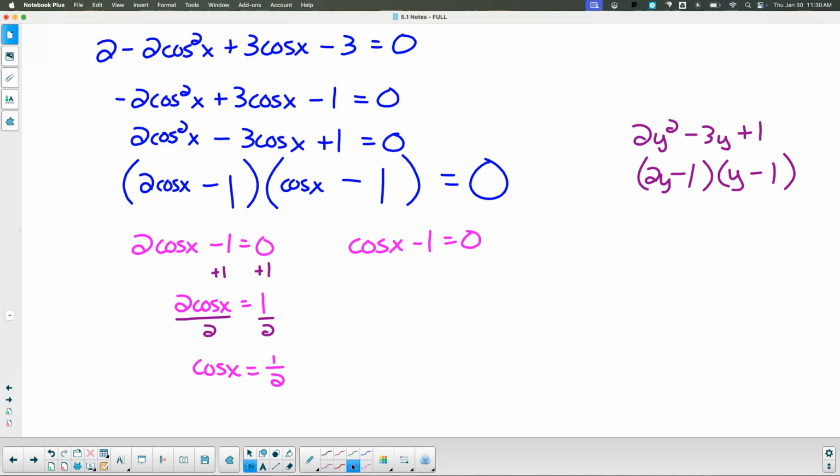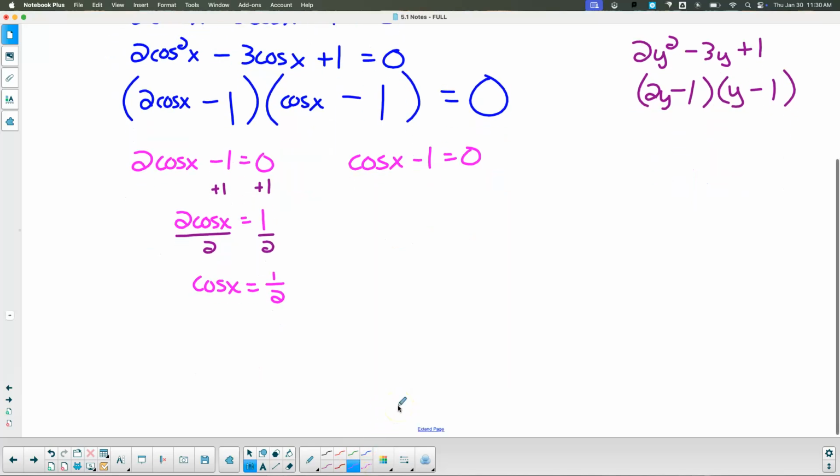Cosine of x is 1/2. Where is cosine of x 1/2? Pi over 3 and 5 pi over 3. Add 1. Cosine of x is 1. Where is cosine of x 1? It's 0.